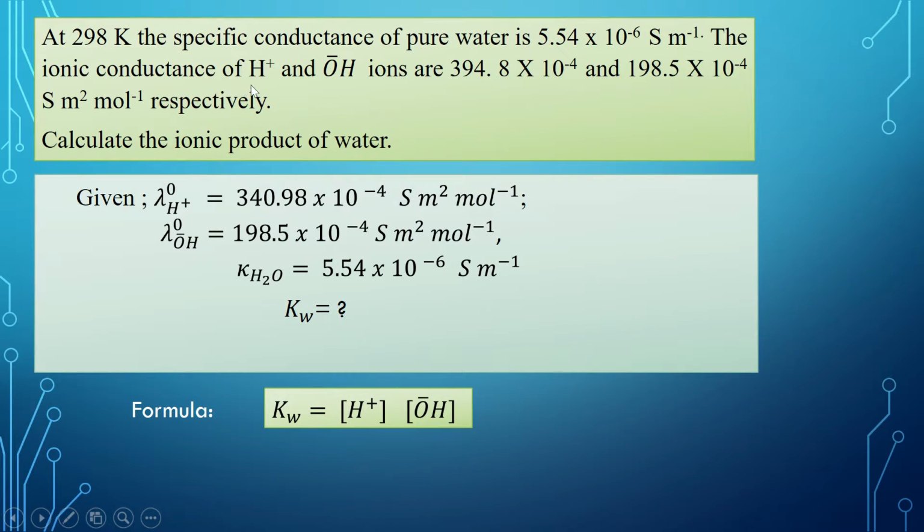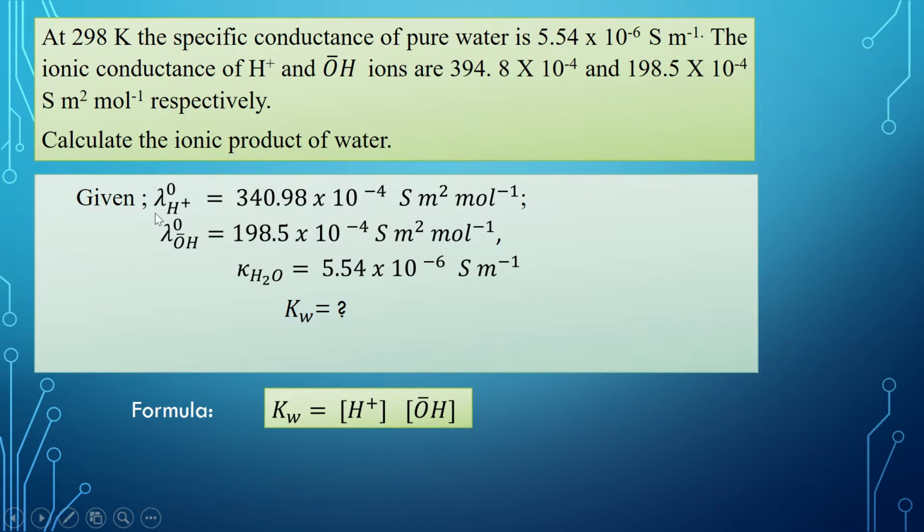The ionic conductances of H plus and OH minus ions are 394.8 into 10 to the power of minus 4 and 198.5 into 10 to the power of minus 4 Siemens meter square per mole respectively. Calculate the ionic product of water.